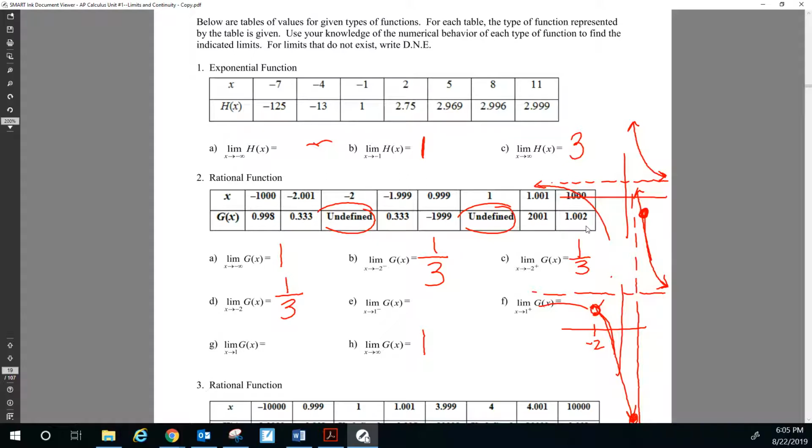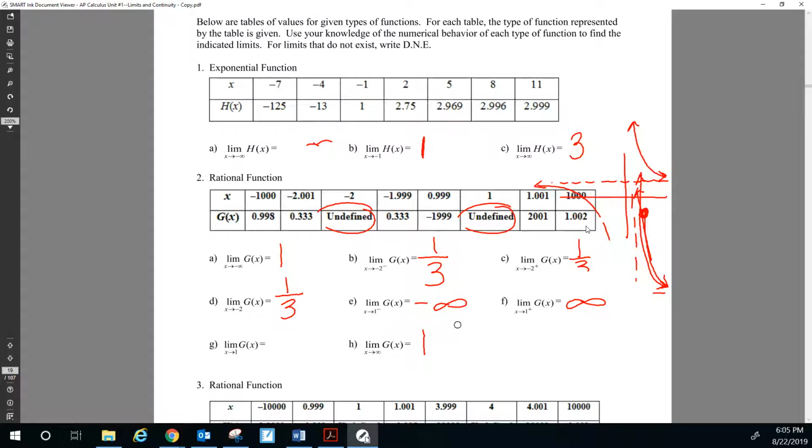All right, what about 1 from the left-hand side? Going from the left-hand side, we're getting close to negative infinity. It's tanking there. And then if we look at 1 from the right-hand side, that's this piece. It's going up to positive infinity. Notice it's going to 2,000. That's way up there, considering it was at 1 not too long ago. All right. And so do we have an overall limit at 1?